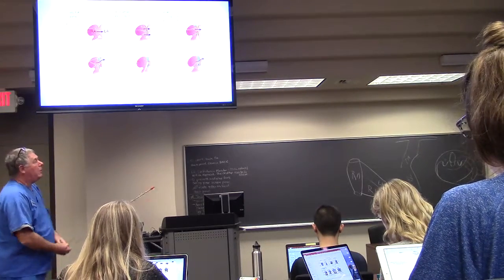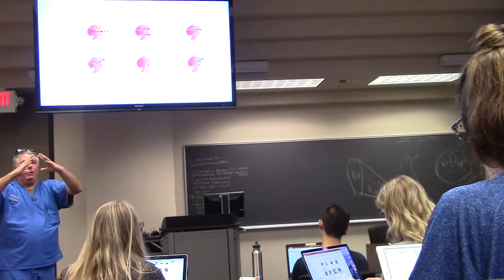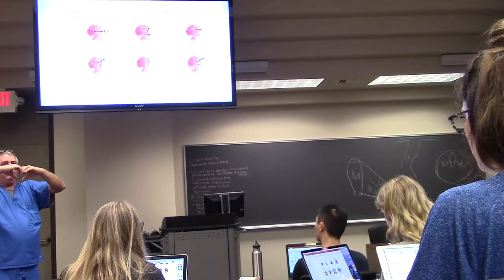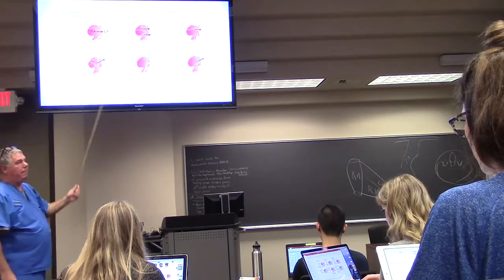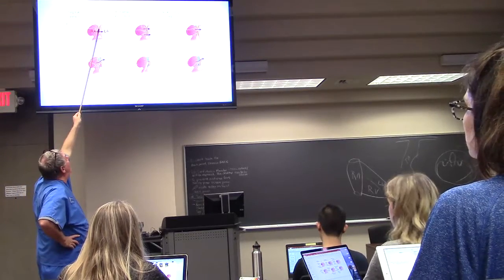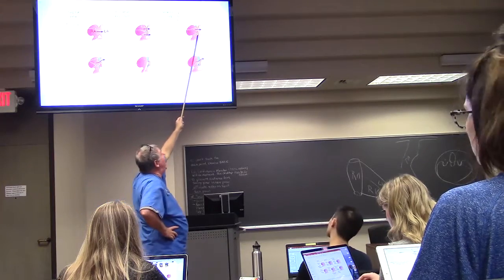So you get this growth coming down from the top of the atria. Here's the atria, and all of a sudden it starts growing down from the top. This is called the septum primum. The septum primum starts growing down from the top. It will actually start growing up from the bottom too.